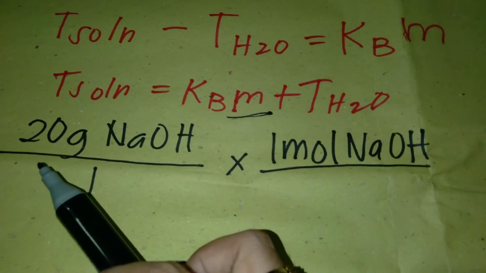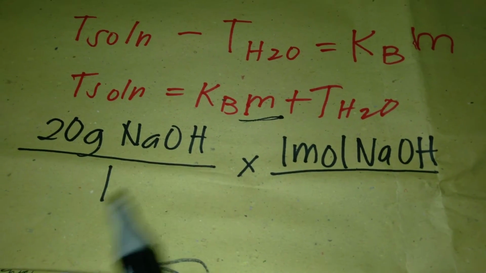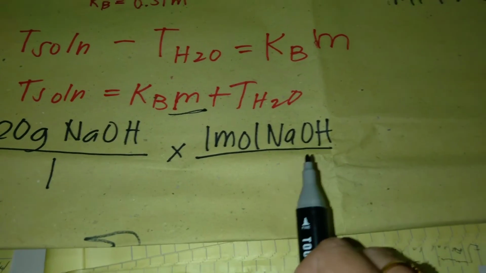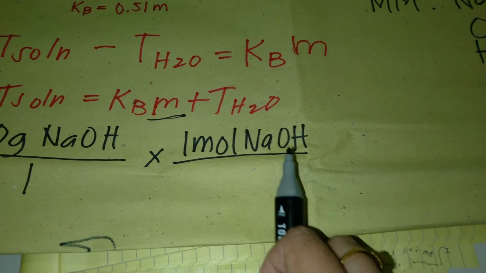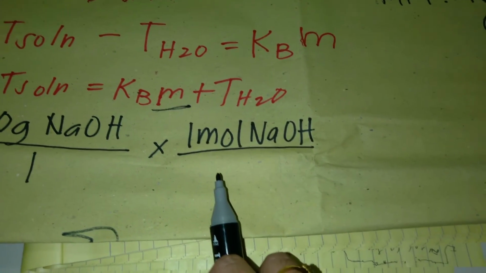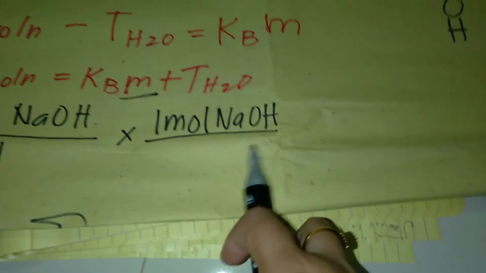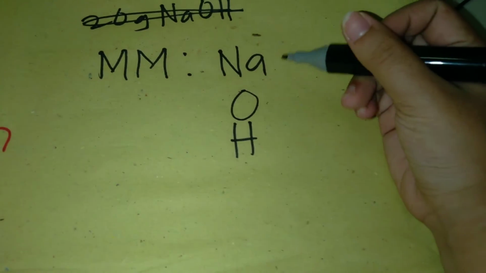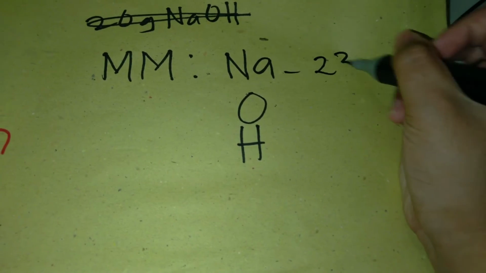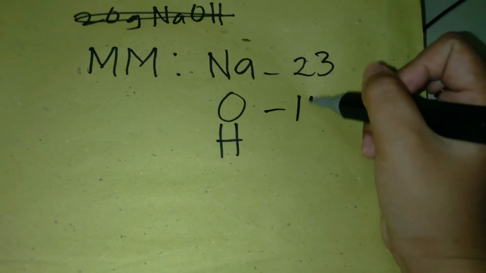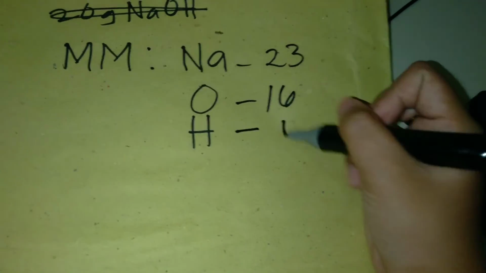We have the given here, 20 grams of sodium hydroxide over 1, times 1 mole of sodium hydroxide. Let's first find the molar mass of the sodium hydroxide. The atomic weight of sodium is 23, oxygen is 16, hydrogen is 1.